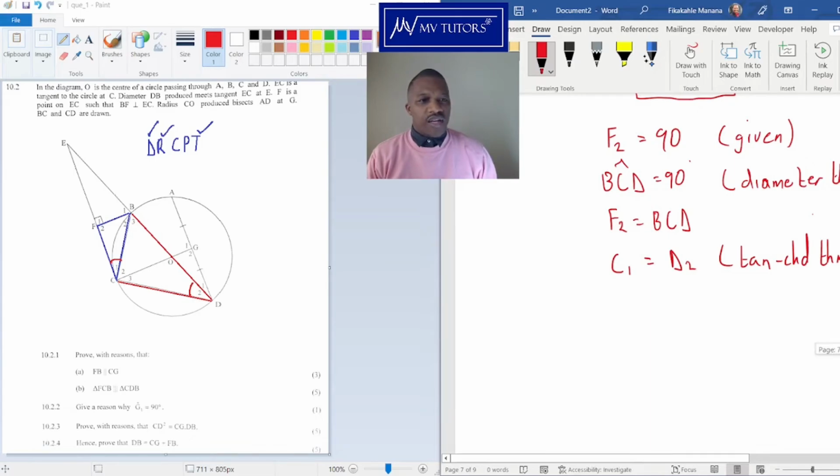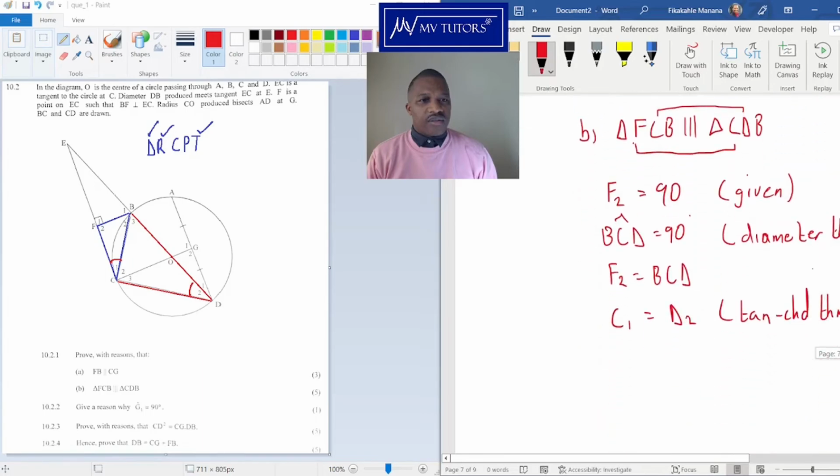We can then say the angle, I need to see it a little bit, B and B. Okay, we can then say angle B2 must be equal to angle B3 because of third angle of a triangle.